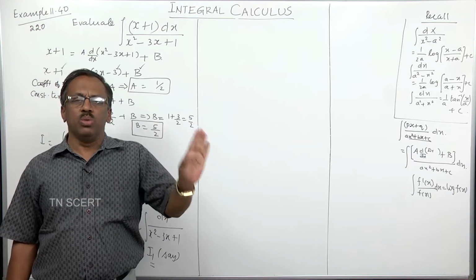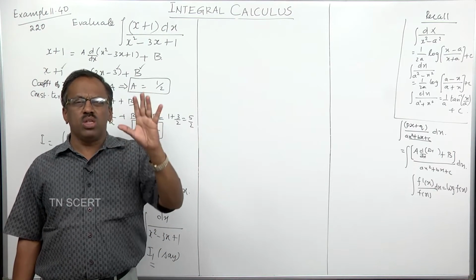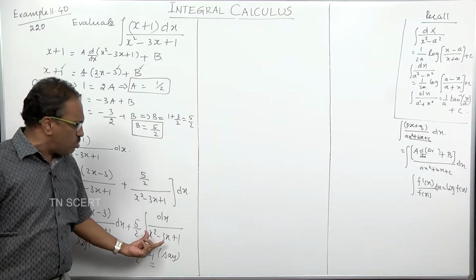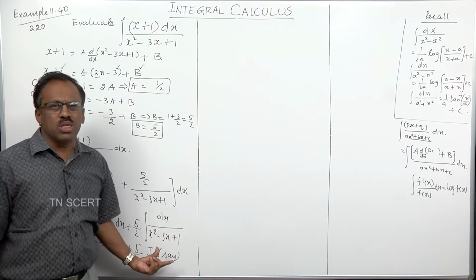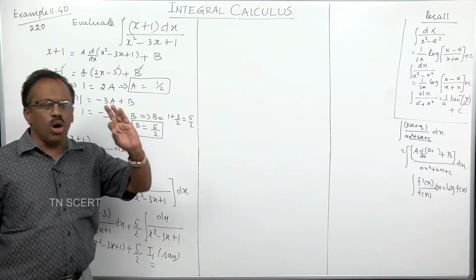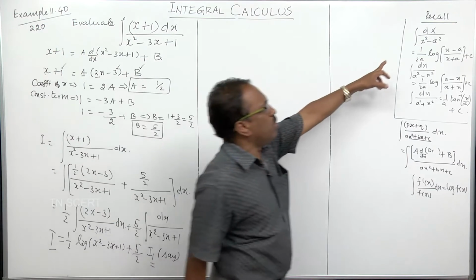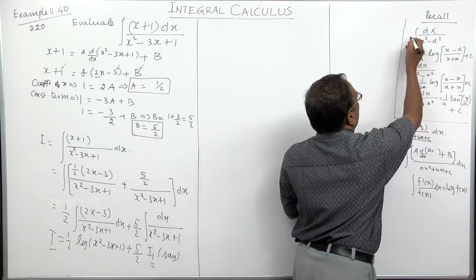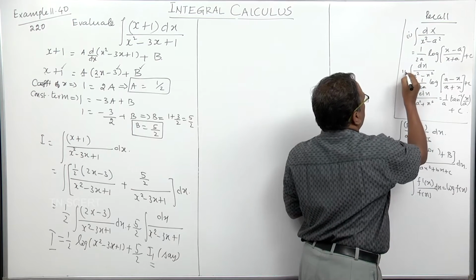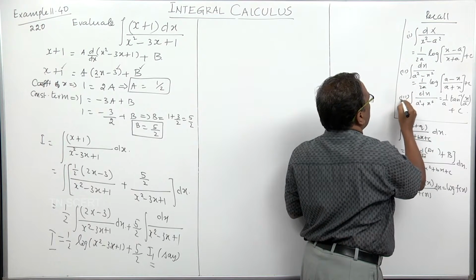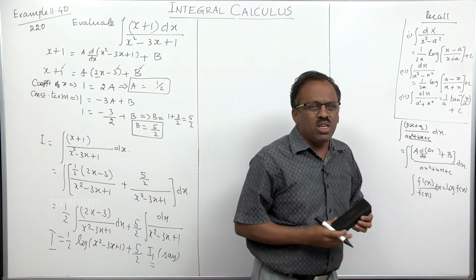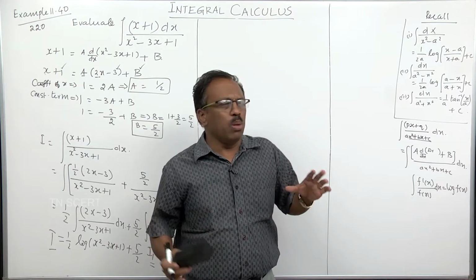There is no other way. Without knowing those 3 formulas, it is very difficult to do the sum. Kindly recall the formulas I have noted down here, each formula 1, 2 and 3. We are going to apply all those 3 formulas for all the problems.